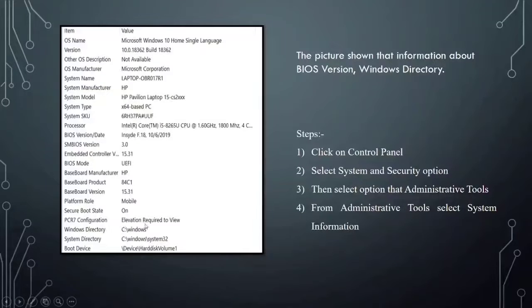For the Windows directory, for me it is C:\Windows and the system directory is System32. To get this information, you can also go to the control panel and select the system and security option, then select administrative tools. From the administrative tools, select system information, then you will get this information.